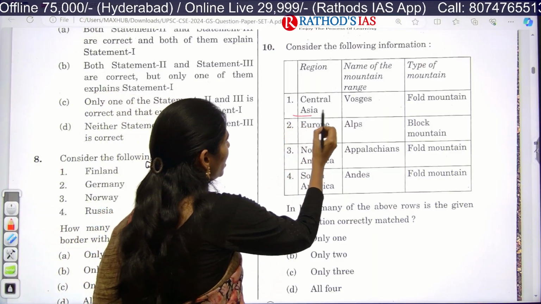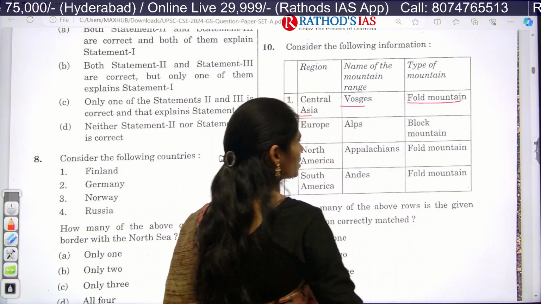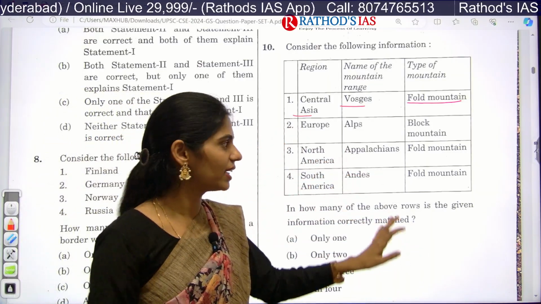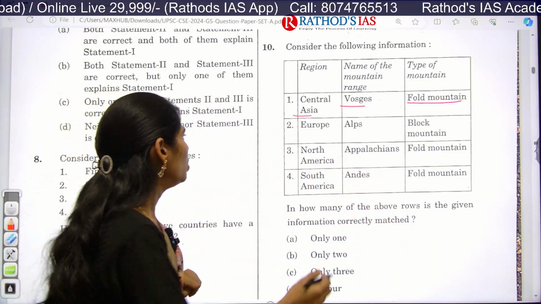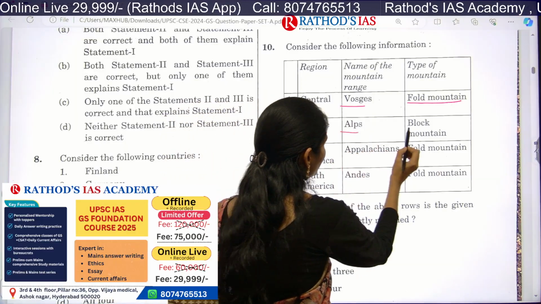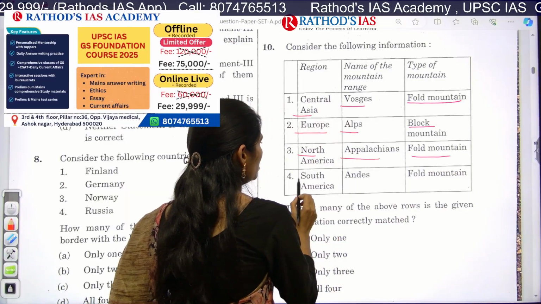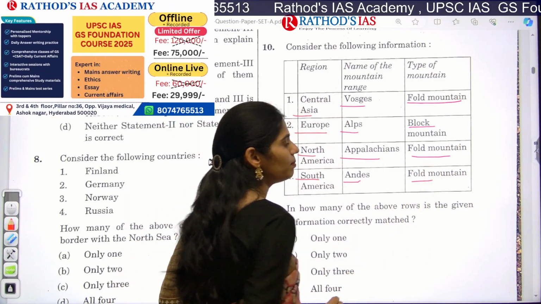One is Central Asia, Wasatch and fold mountains. So if you know which are the examples of fold mountains and block mountains, you can easily answer this question. Next one is Europe, Alps, block mountain; North America, Appalachians, folded mountain; South America, Andes, folded mountain.